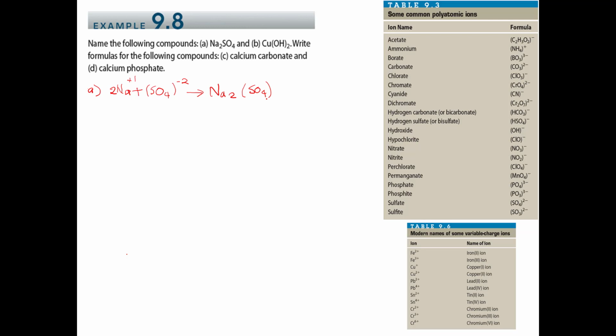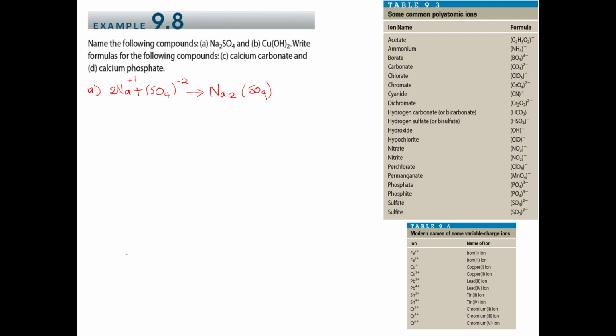And it's important because sometimes, especially in the case of transition metals, you need to know the charge. Then I suggest you always write the equation to form the compound.